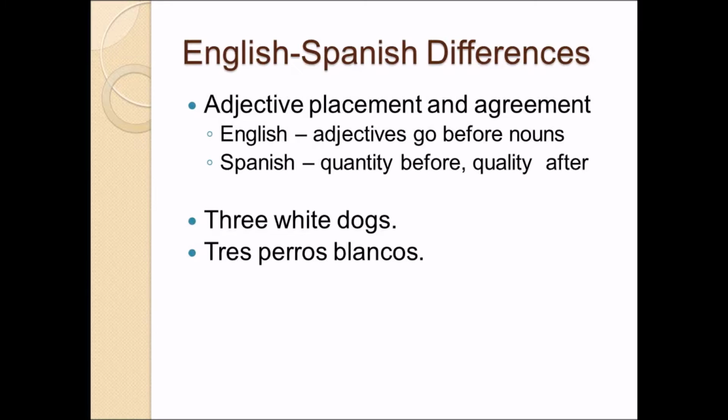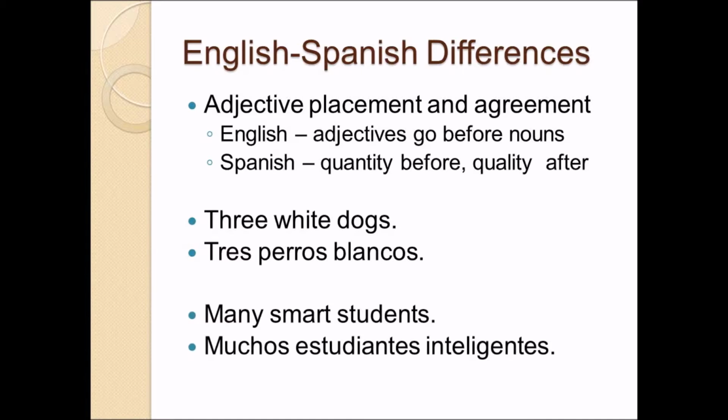In Spanish, tres perros blancos. So tres, three, is the quantity. The quality or descriptive word is blancos, which goes after. Many smart students, muchos for many, estudiantes, inteligentes goes after, being the descriptive or quality word.